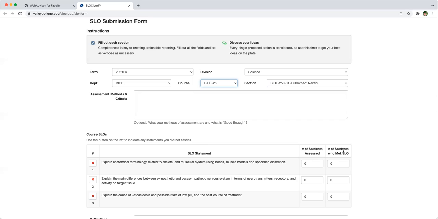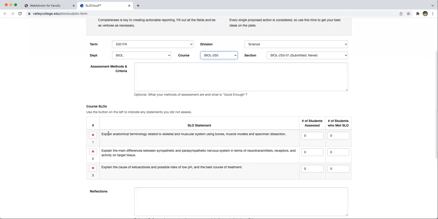Your assessment for the SLO could be a lab report or multiple questions in your lab reports or your lab assignments. And again, you set up your own standards. I usually assume that 75% or better will be considered a passing SLO, or students who have earned 75% or better have met the SLO.